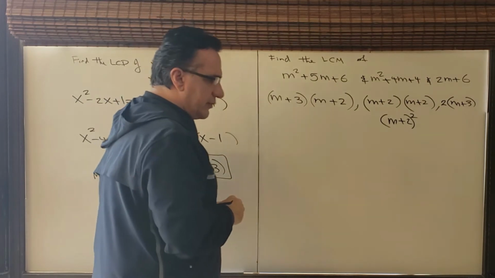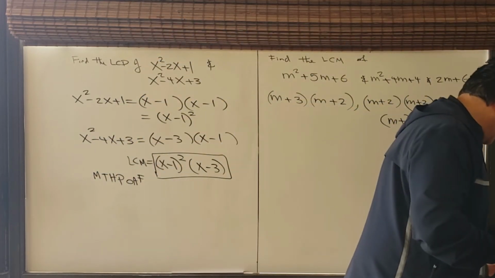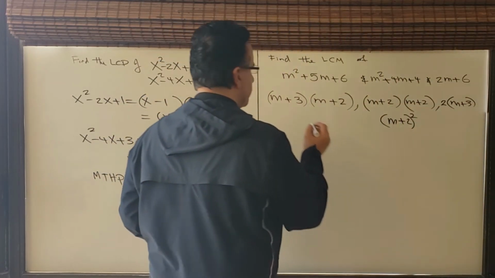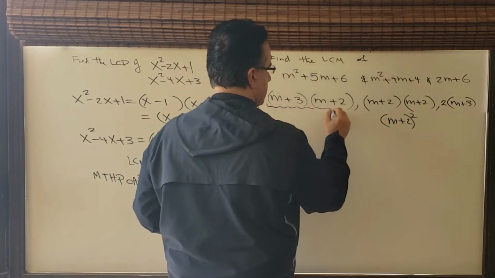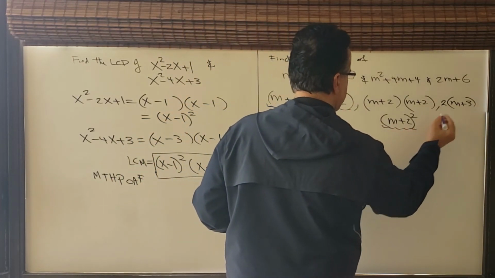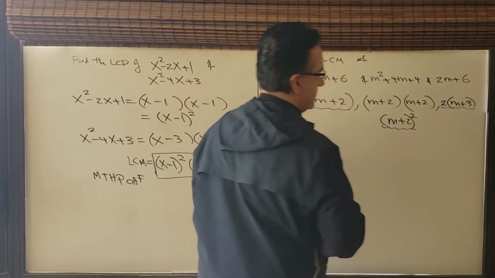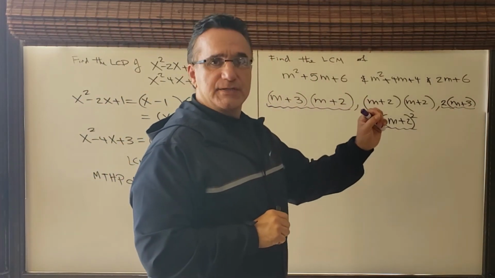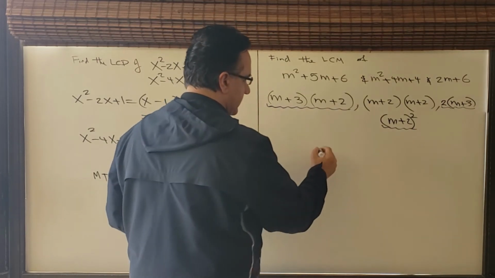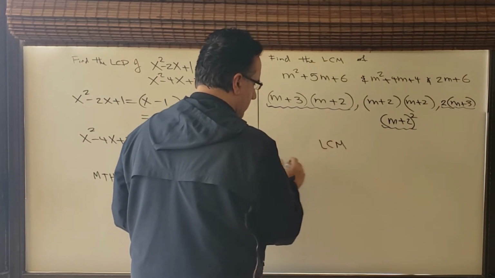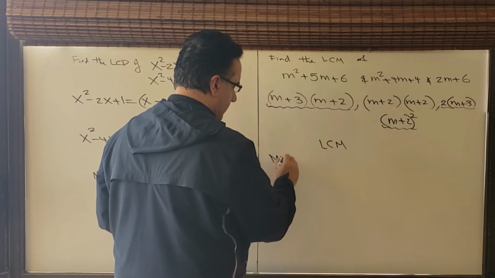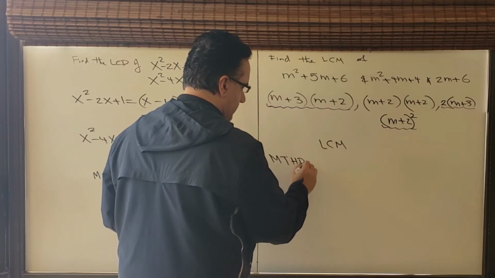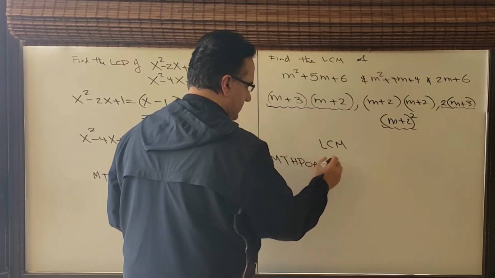So we want to bring our attention to these factored forms. This right here, this, and that. In those three factored expressions, we're now going to find the LCM by going through the procedure. We're going to multiply the highest power of all factors.